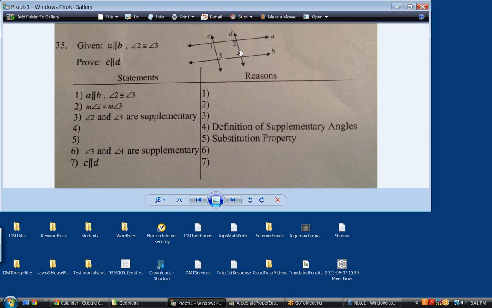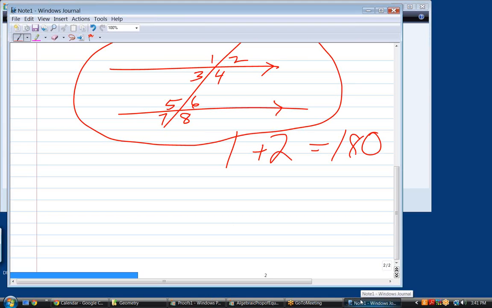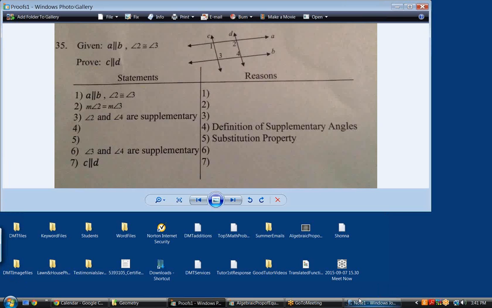You might not have had that either, and that's why I went over this. Notice that angle 2 and angle 4 are, you'll learn that those are corresponding interior angles.